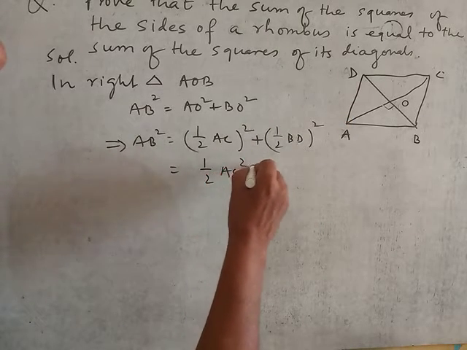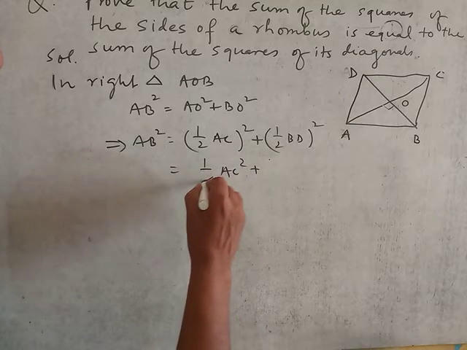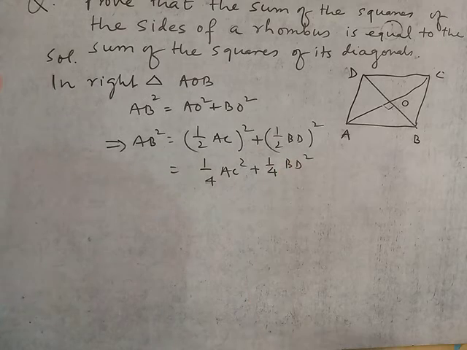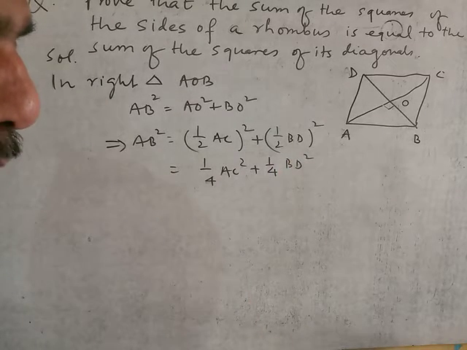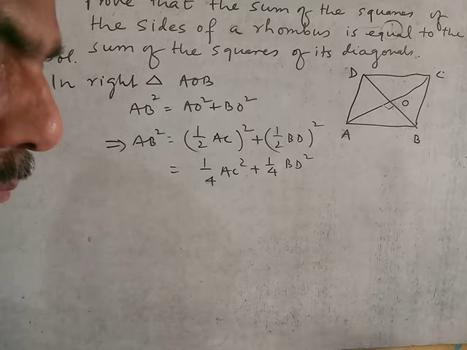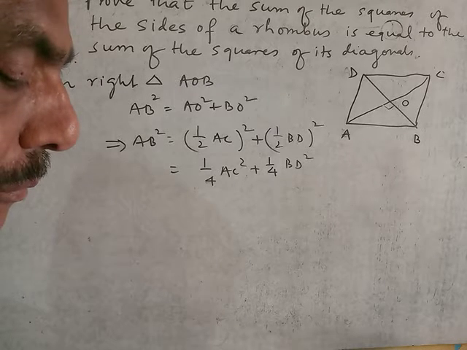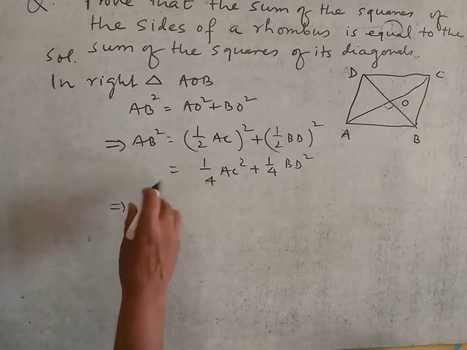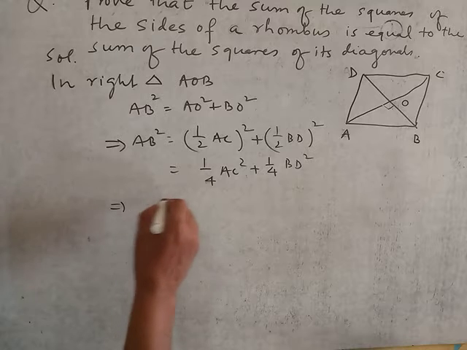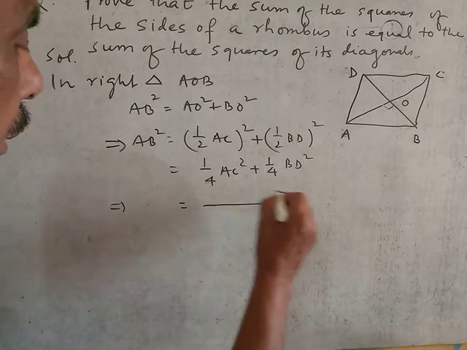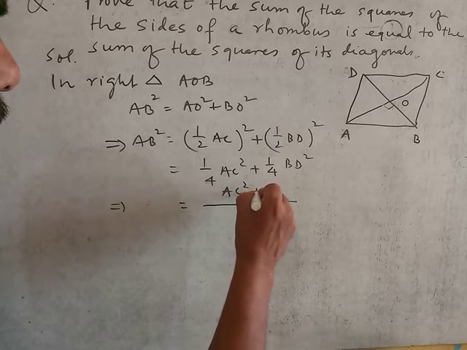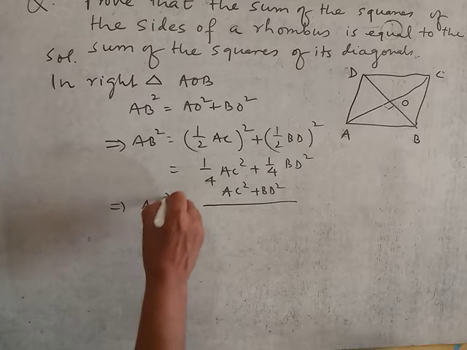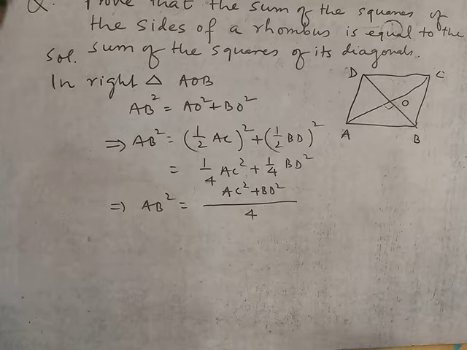Half AC square plus half BD square, that is 1 by 4 AC square plus 1 by 4 BD square. Now transpose this to this side. Take the LCM, which will be 4. So it is AC square plus BD square, and this is AB square, so this is 4.